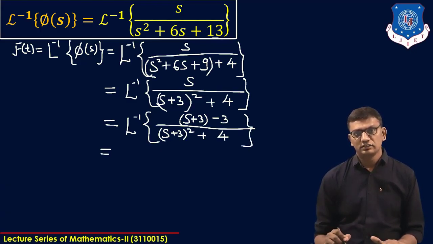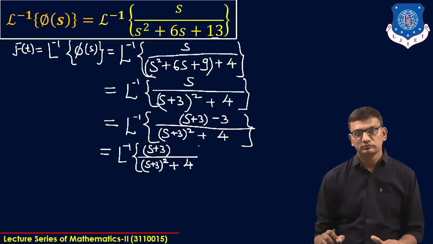That can be written as L inverse of (s plus 3) upon (s plus 3) whole square plus 4, minus 3 L inverse of 1 upon (s plus 3) whole square plus 4.